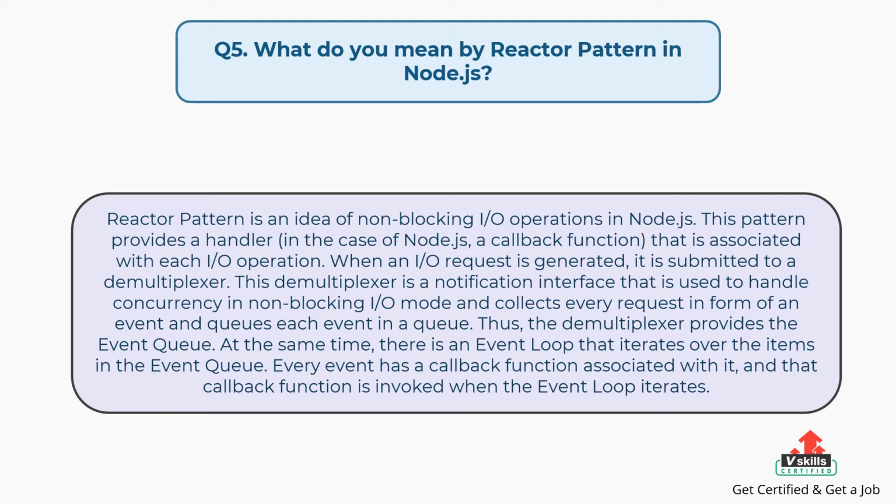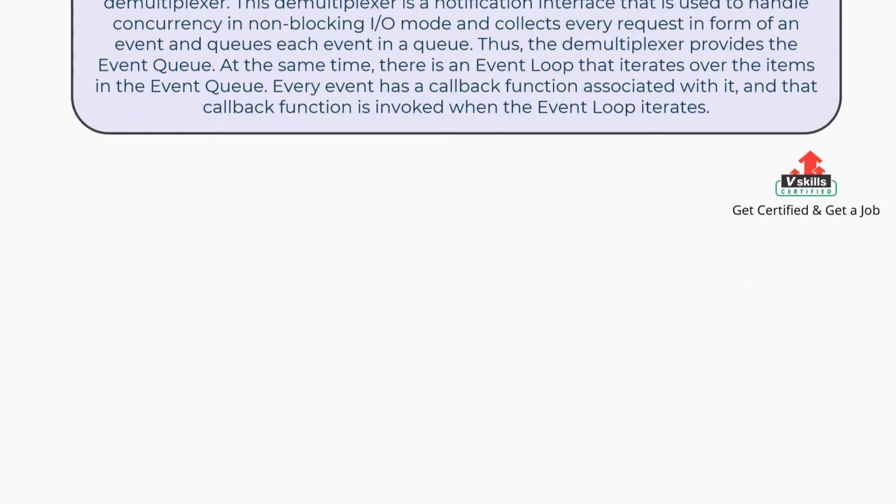This demultiplexer is a notification interface that is used to handle concurrency in non-blocking I/O mode and collects every request in form of an event and queues each event in a queue. Thus, the demultiplexer provides the event queue. At the same time, there is an event loop that iterates over the items in the event queue. Every event has a callback function associated with it, and that callback function is invoked when the event loop iterates.